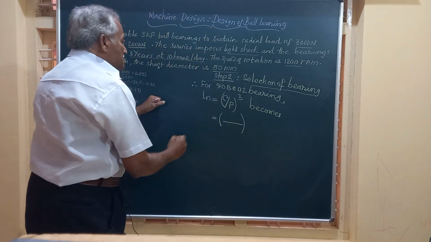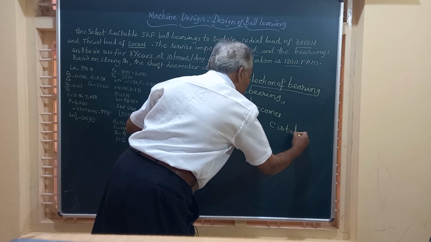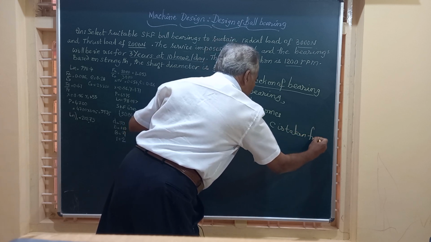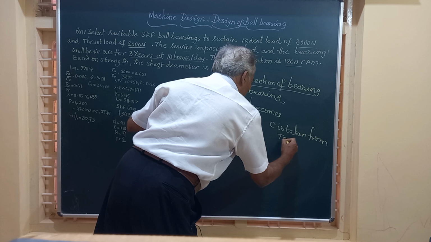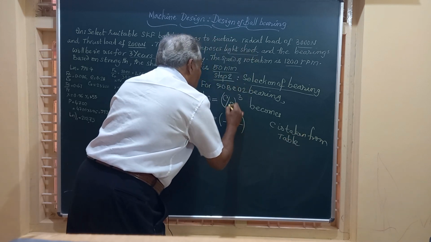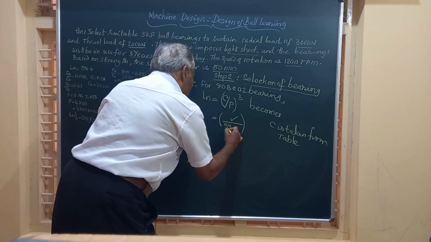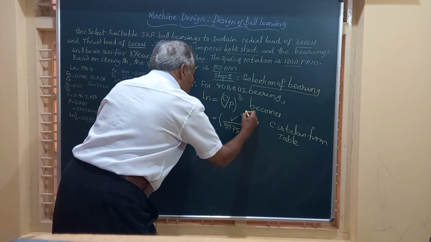This C is taken from the table, for the same 50 BC O2. So this value can be taken, and the P value we have got as 5975, to the power of 3.